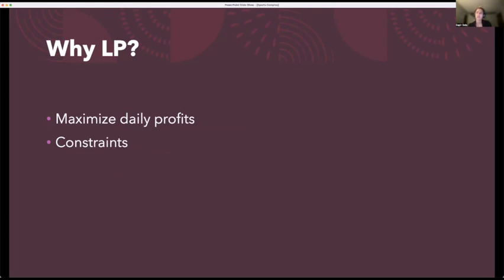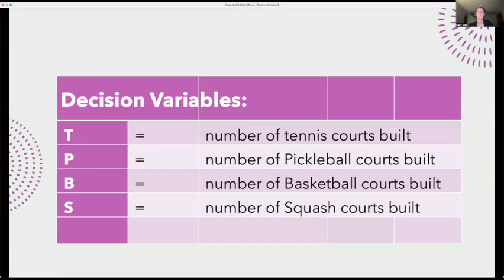Utilizing those constraints and decision variables, I want to maximize daily profits. I thought that a linear programming model would be best since there are a certain number of constraints that limit the growth of the daily profit. As you'll see later on, this is definitely the right model for my scenario.